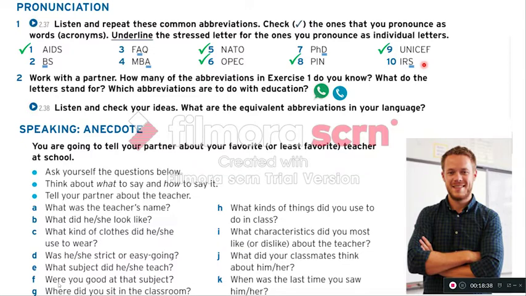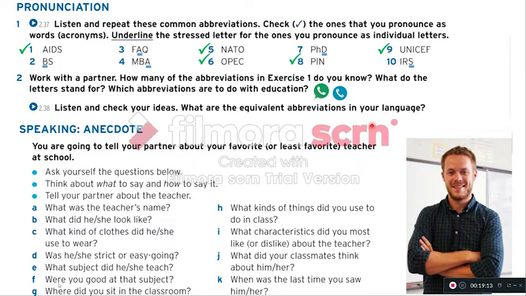Okay, so discuss that with your classmates, and then they ask us which abbreviations are to do with education. Okay, so you have to research them in order to answer this question. All right, if you finish, I'm gonna play an audio so that you can check your ideas. So please pay attention to the audio.